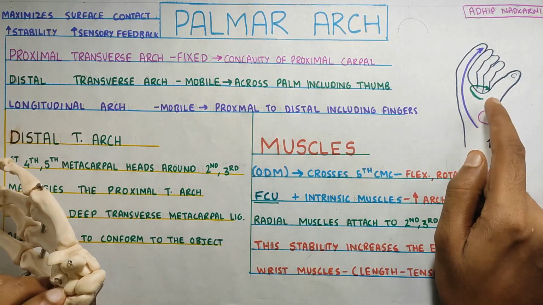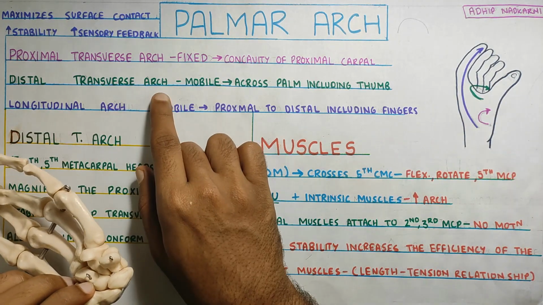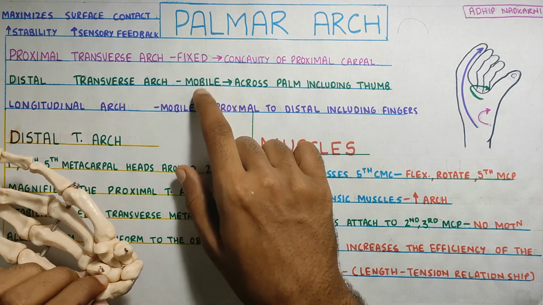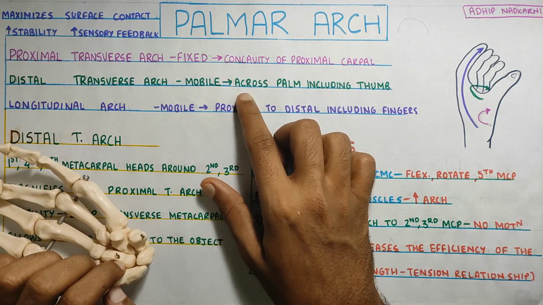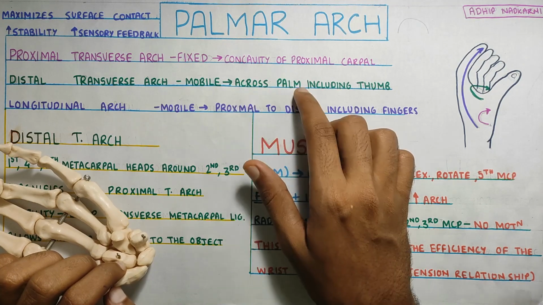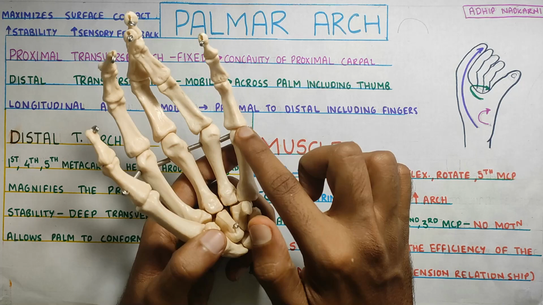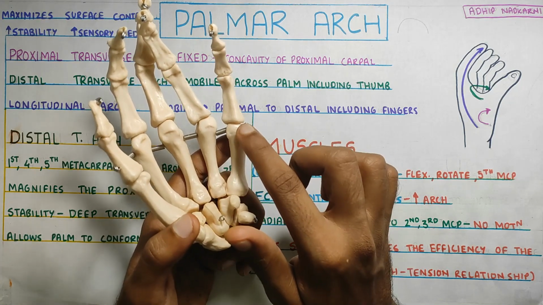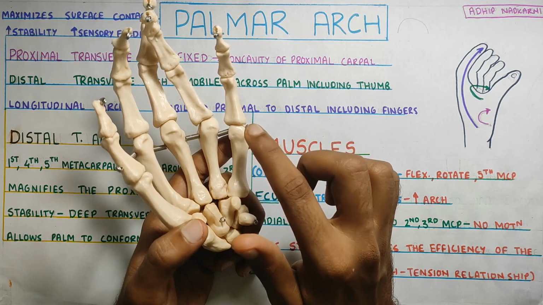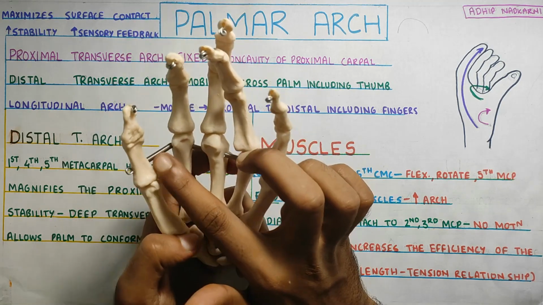Next one is the distal transverse arch. Okay, so proximal is done. The green one over here, the distal transverse arch, is more mobile, that means that arch will move, and it is across the palm including your thumb. If you can see this spring that is put over here, this is where your distal transverse arch is. So it goes like this and this.